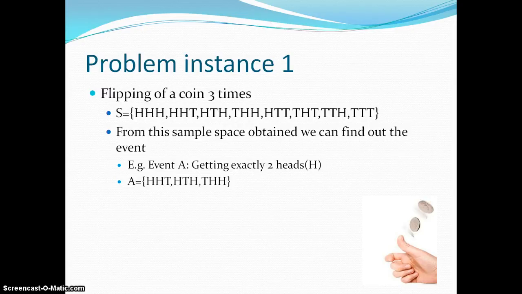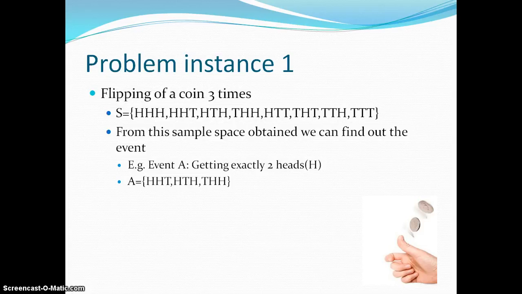The sample space is: head, head, head; head, head, tail; head, tail, head; tail, head, head; head, tail, tail; tail, head, tail; tail, tail, head; tail, tail, tail. So this basically forms the sample space.